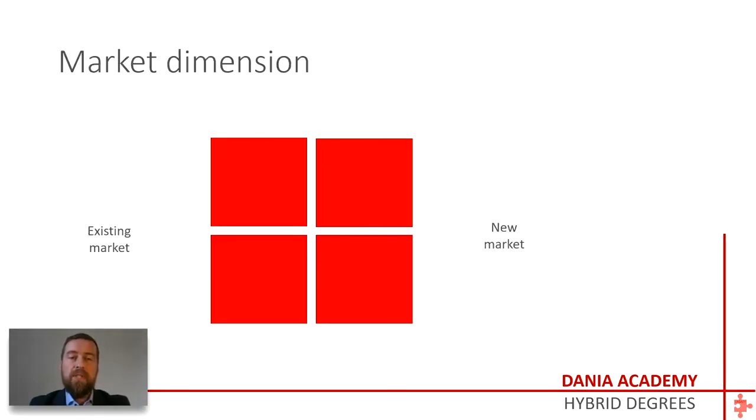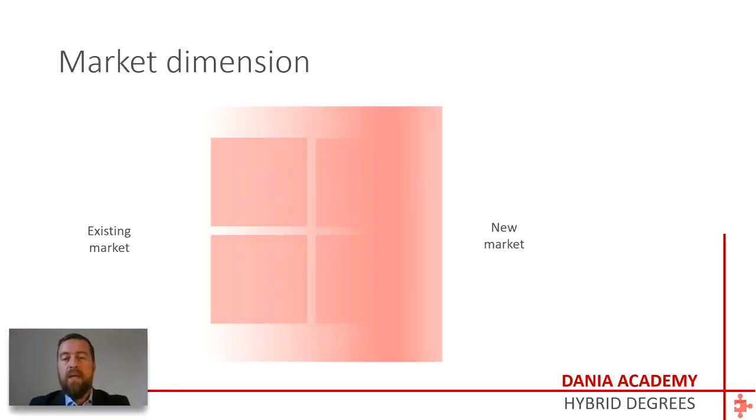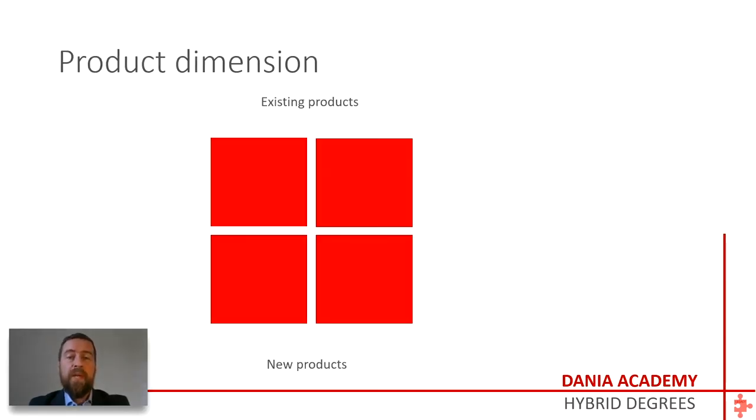The market dimension is the first one, where we're looking at it from an existing market on one side to a new market on the other side. And new market means that it's a market which requires a new mission statement. Or we can look at the product development or product dimension, where we're looking at either existing products or new products.